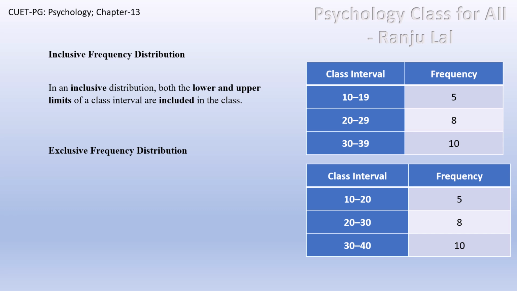It is used when data includes decimals such as reaction times, response durations, etc. If you are dealing with continuous data, for example time taken in seconds, use exclusive classes. And for discrete data, that is number of siblings, we should use inclusive classes.